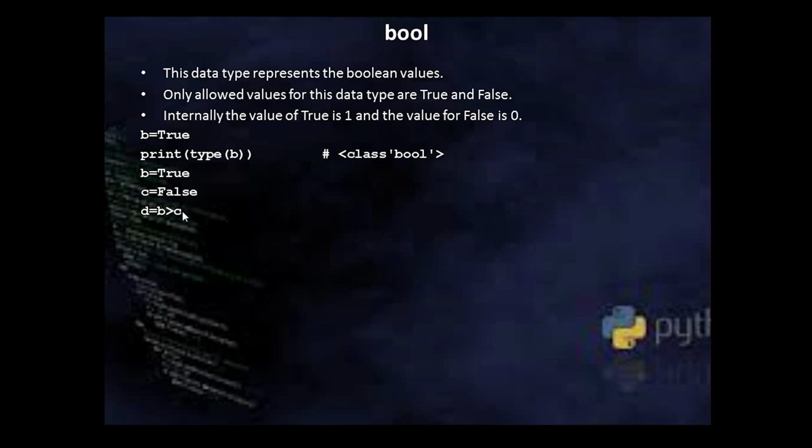But here it is allowed because internally B, which is True, is 1, and C, which is False, is 0. 1 greater than 0 is True. Therefore, you get the result True. True plus True is also legal, as I already stated. True minus False is also legal.